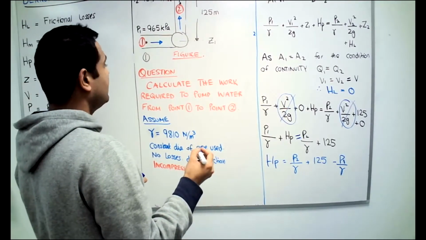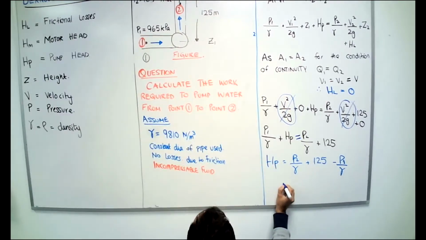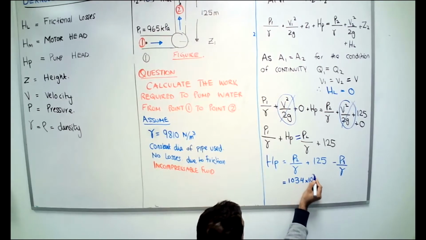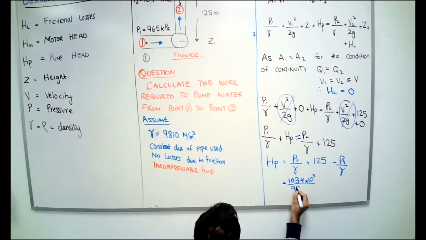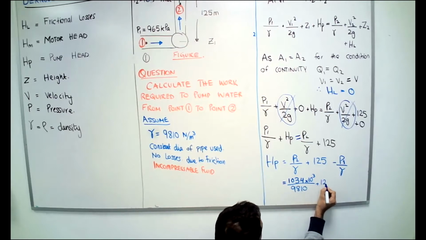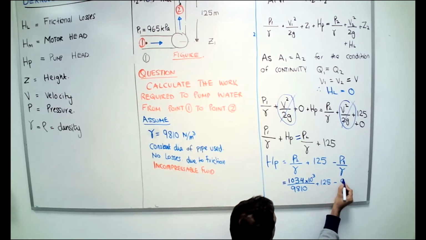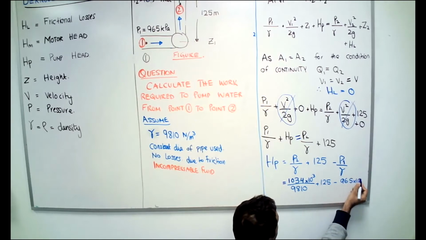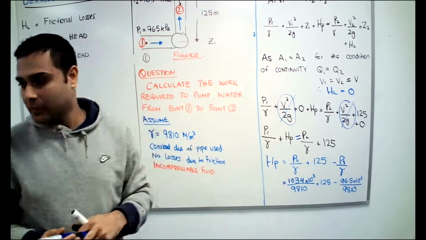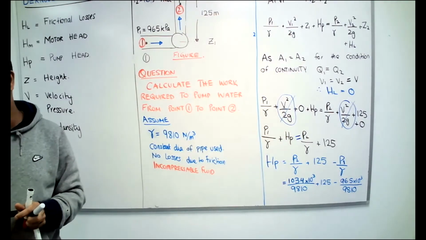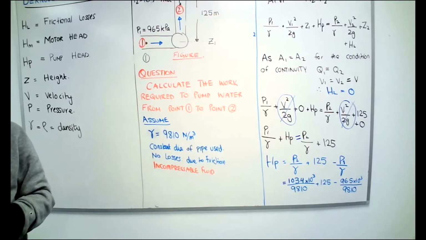P2 is 103.4 kilopascal, divided by 9810, plus 125 minus P1, which is 96.5 kilopascal, divided by 9810.